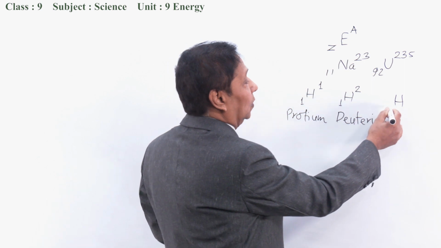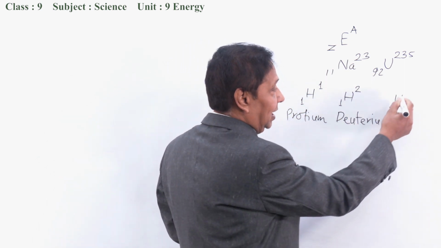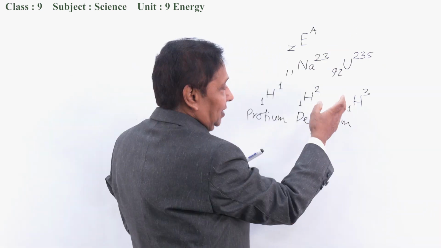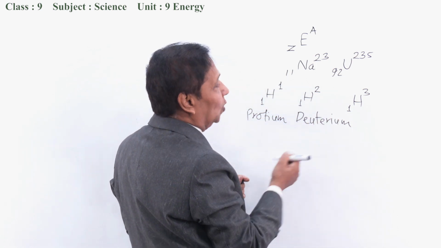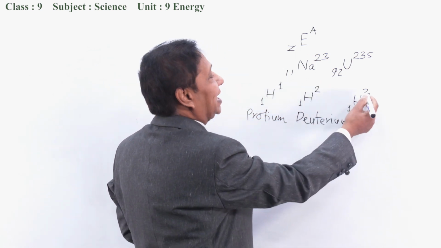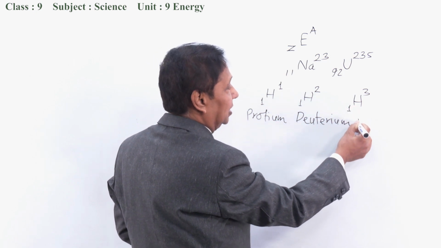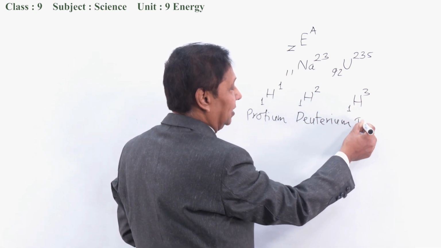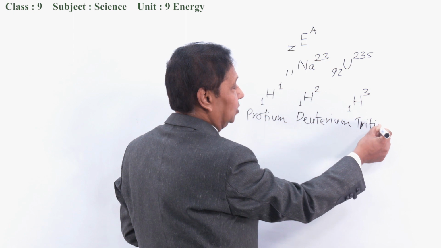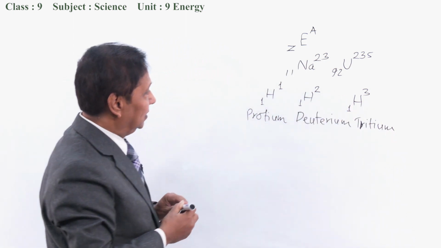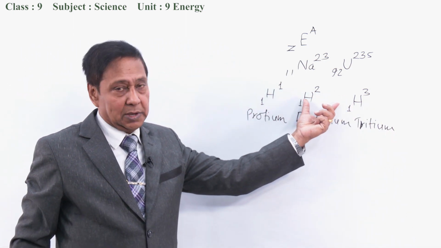Tritium has atomic number 1, but atomic mass 3. What does it mean? It has 2 neutrons and 1 proton. That's why its atomic mass is 3 and its atomic number is 1. This is tritium.